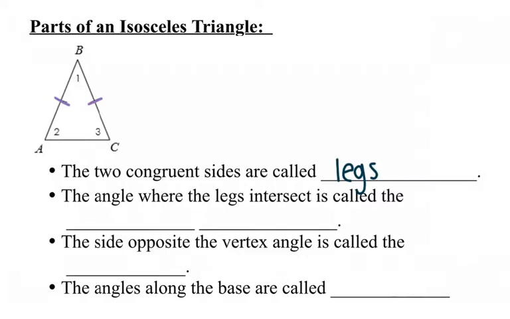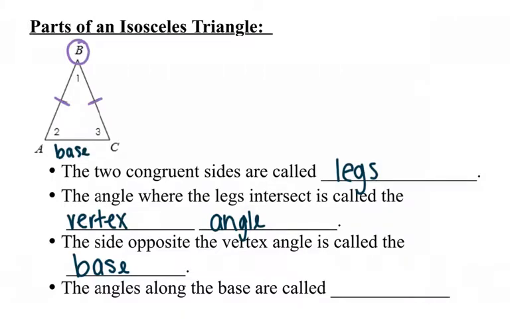The angle where the legs intersect is called the vertex angle. So B would be my vertex angle because it's the angle between the two legs. The side opposite the vertex angle is always going to be called the base. So here's my base.